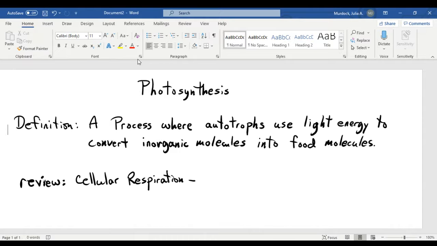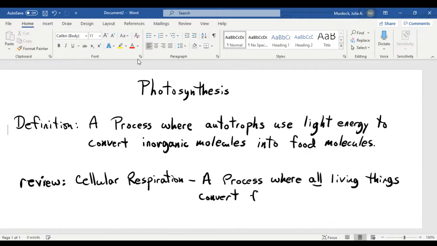The definition of cellular respiration is a process, again, a process, which is something that happens in a series of steps, where all living things, whether they're autotrophs or heterotrophs, all living things, convert food molecules, or the energy stored in food molecules, into ATP.